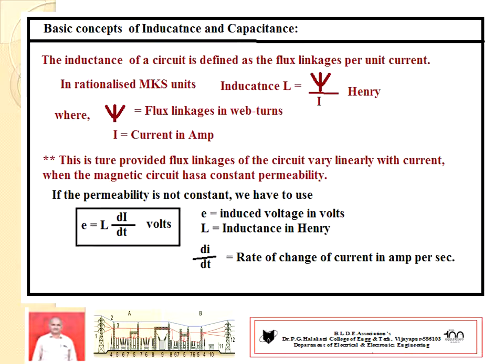So the inductance of a circuit is defined as the flux linkages per unit current. If L is the inductance, then it is equal to psi, the flux linkage, divided by I, the current. So L equals flux linkage per current, in henry.